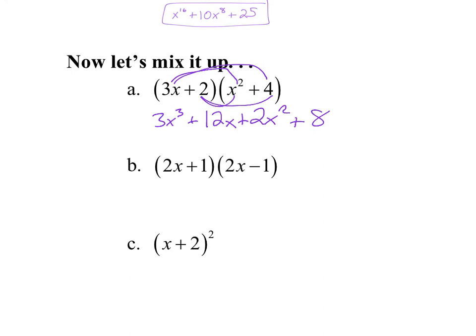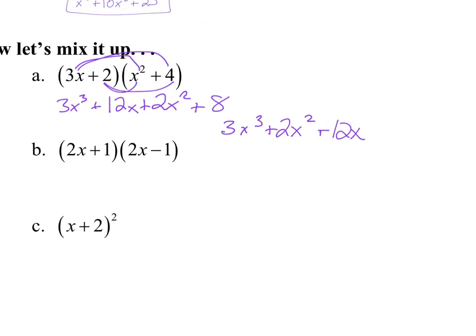So my final answer would be 3x, I hate it when my x's are bad too, 3x cubed plus 2x squared plus 12x plus 8. That would be my final answer.